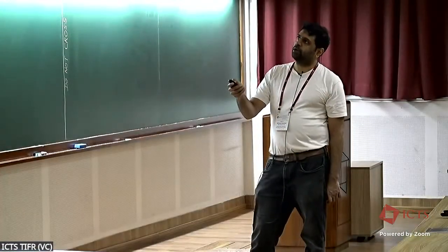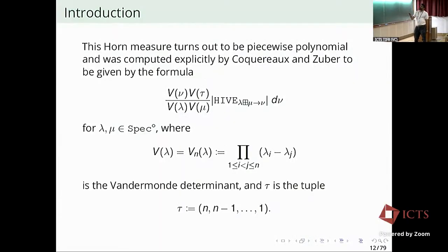The Horn measure, which I just spoke about here, turns out to be piecewise polynomial and was computed explicitly by Coquereaux and Zuber to be given by the following formula. The probability density of nu, the third side of the spectrum of the sum, is V(nu) times V(tau), I'll tell you what tau is a little later, divided by V(lambda) V(mu), where these are Vandermonde determinants, multiplied by the Lebesgue measure of the hive polytope.